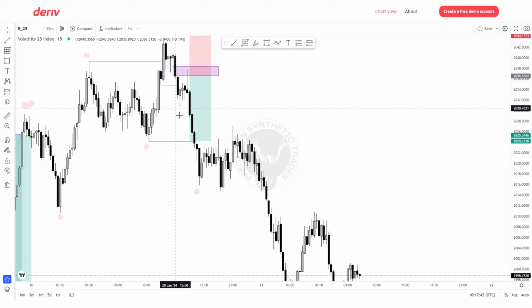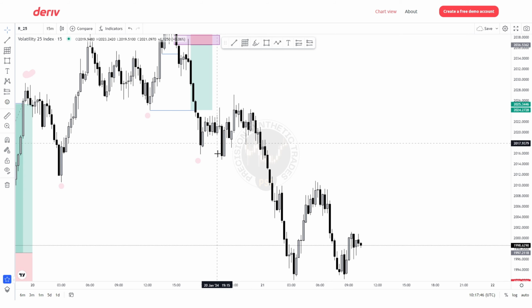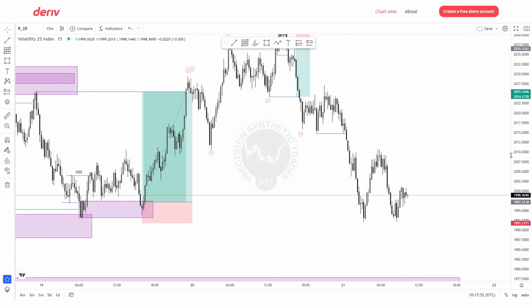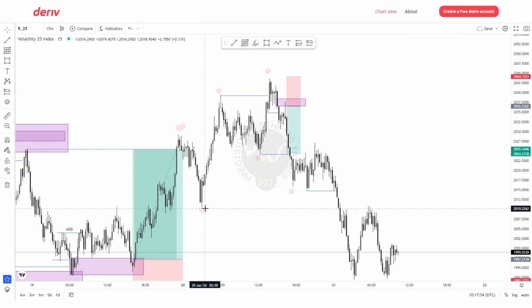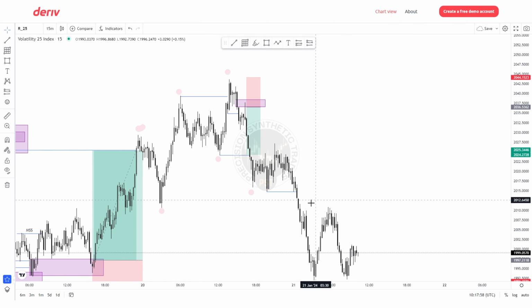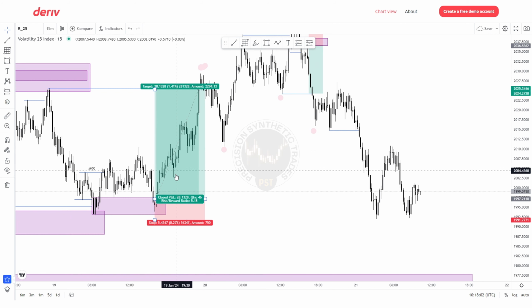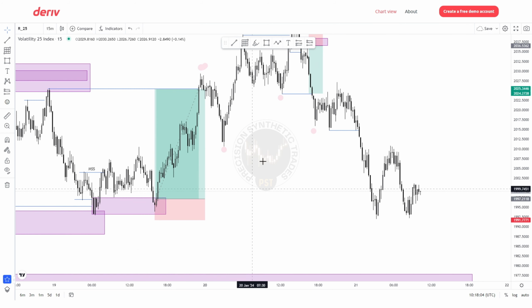We're following high, low, high. This low was taken out. On the bigger picture, where's that low? There's that low there, it was taken out. So liquidity, liquidity, liquidity, liquidity, liquidity.